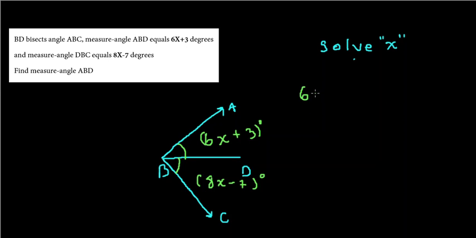So let's do 6x plus 3. That's going to be equal to 8x minus 7. And so we want to have x alone. We subtract 6x from both sides. I'm sorry, I misspoke.